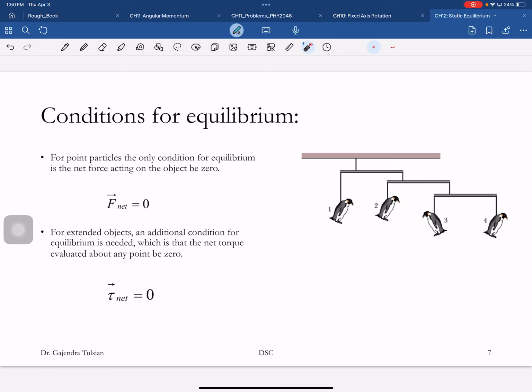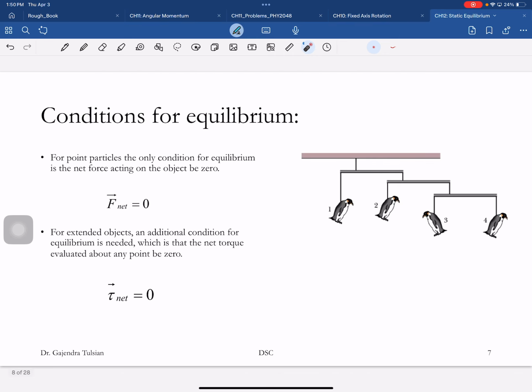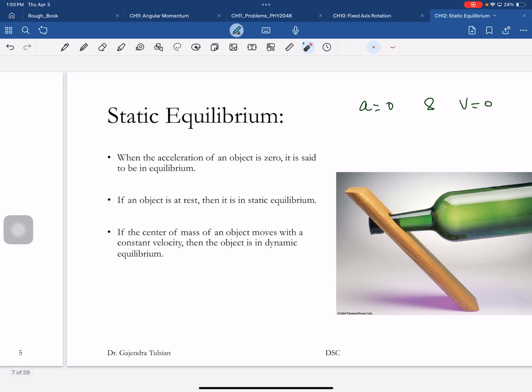I was asking about the last one. Do the weights have to be similar, the wooden stick and the bottle?